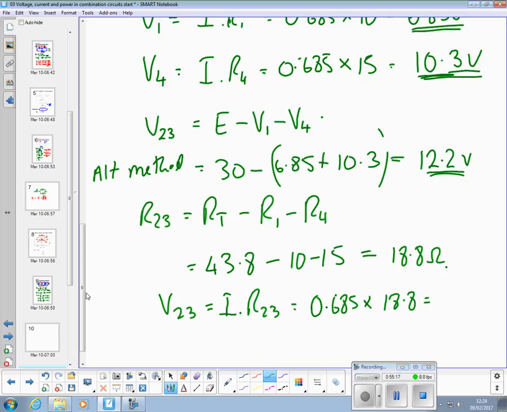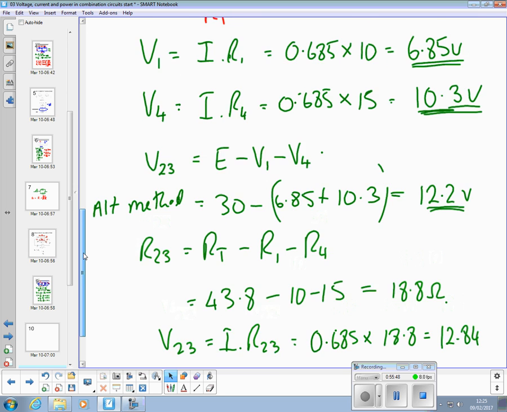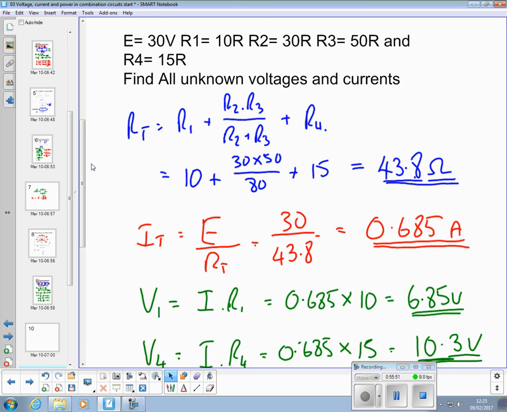The point here is that there's actually 2 or 3 different ways that you could do this. The answer to that is 12.8. That's quite a distance from that one. It depends on how you've rounded and all that kind of thing. Personally, I would have found that value by doing just that bit.